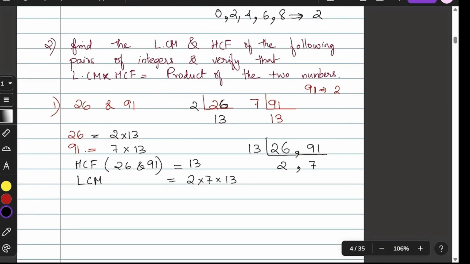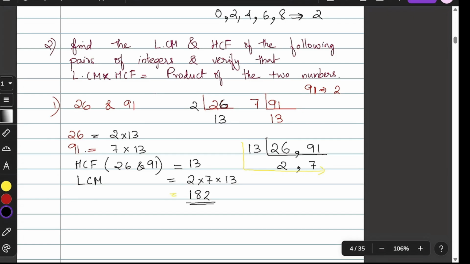So now what is my LCM? My LCM is this one. I have to multiply 13 into 2 into 7. So this is my LCM. What is 2 into 7 into 13? 2 into 7 into 13 will be equal to 182. Okay, now I got my HCF, I got my LCM.